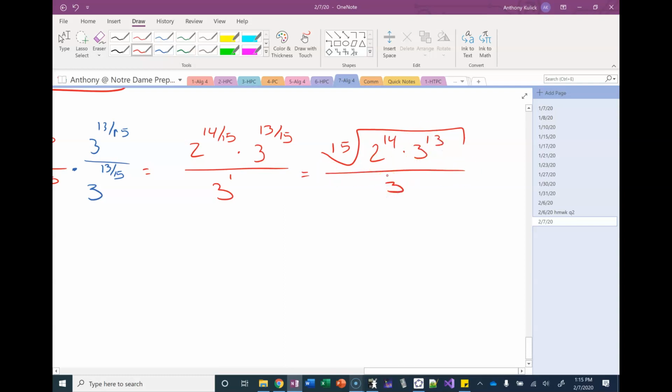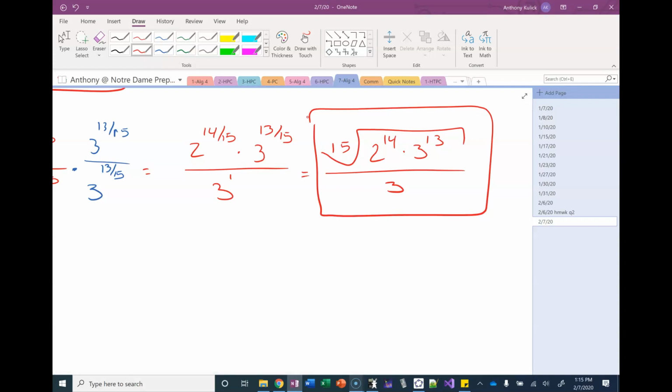And that's definitely one I would not want to type into my calculator. That is a big honking number there. I think 3 to the 13th itself will probably give you something in scientific notation, let alone multiplying by 2 to the 14th, which is also quite large.